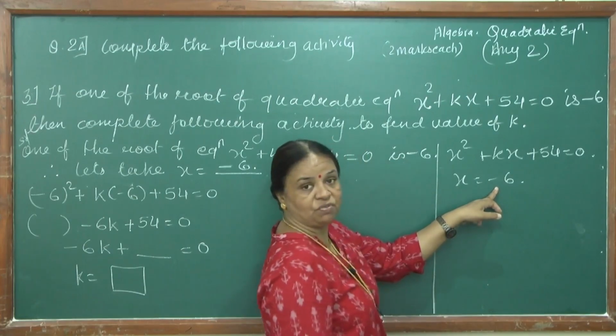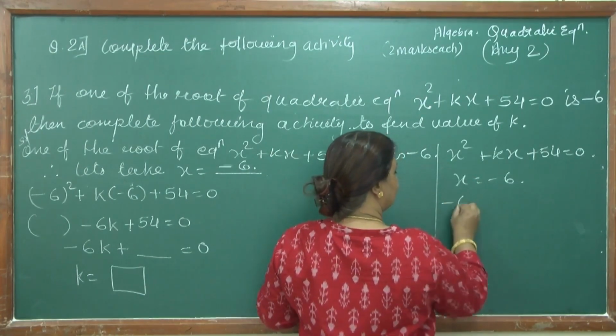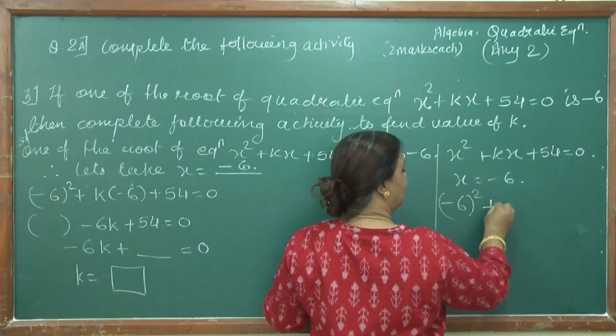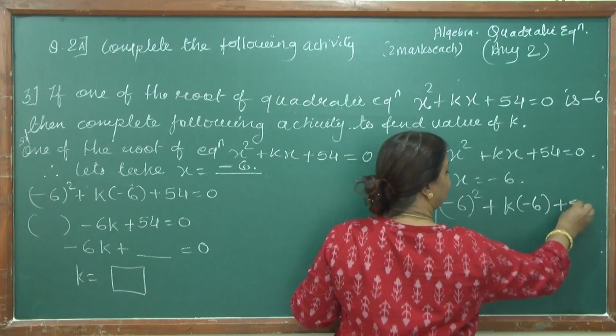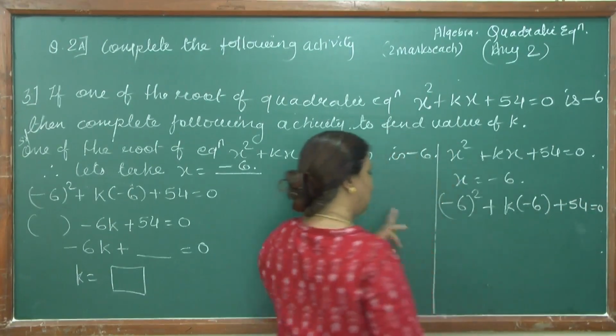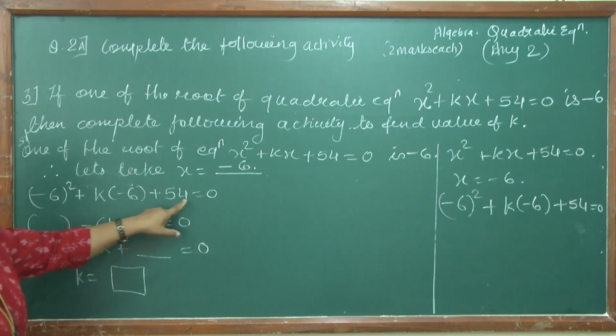So x square is minus 6 the whole square, plus k into minus 6, plus 54 equal to 0. Minus 6 square plus k into minus 6 plus 54 is equal to 0.